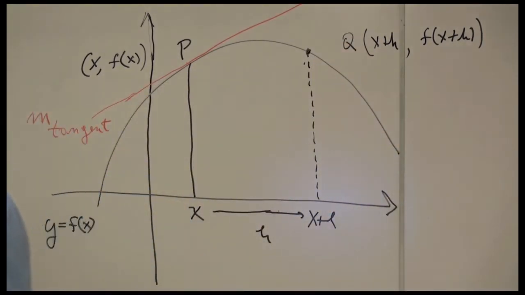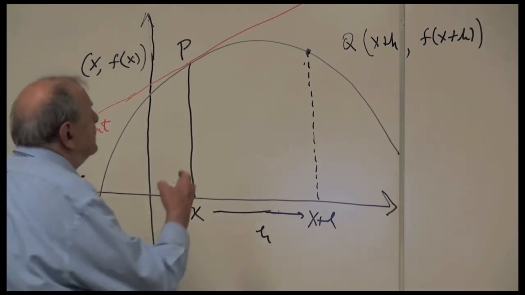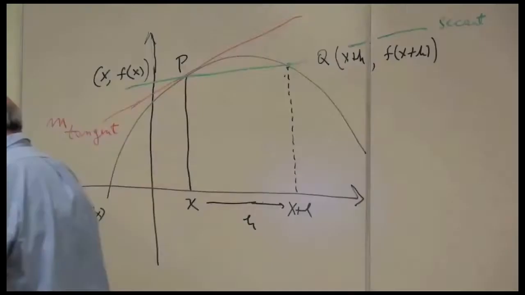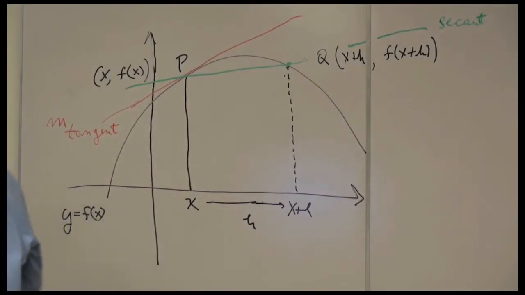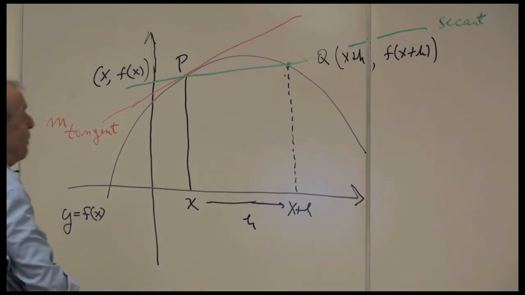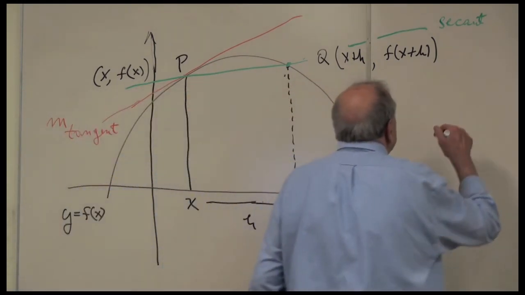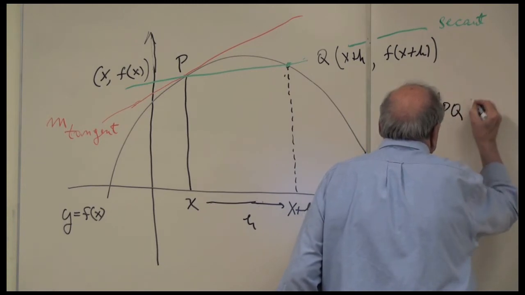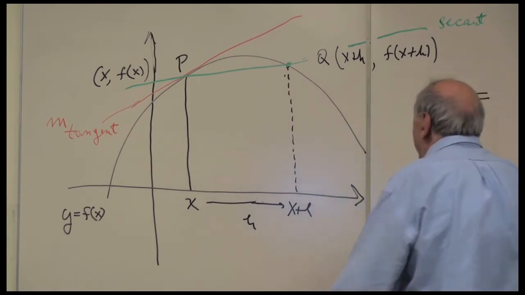And now, in green, I'm going to draw the secant line that connects P and Q. And that secant line has a slope. And what would that slope be? Well, slopes are usually denoted by m. So I'll write m sub PQ. And what is that?